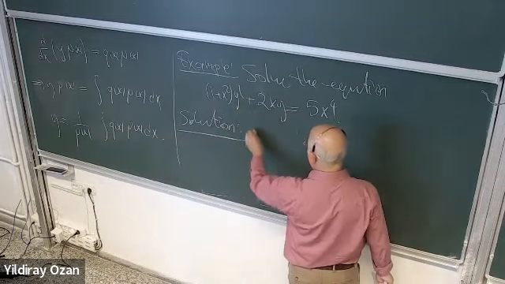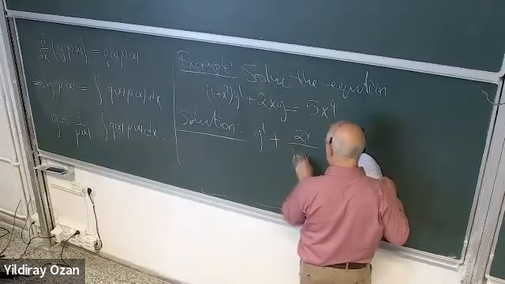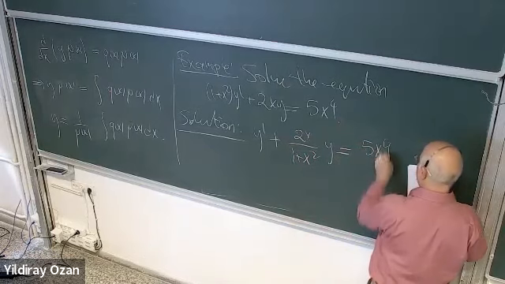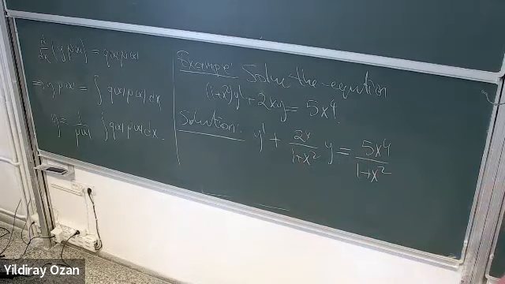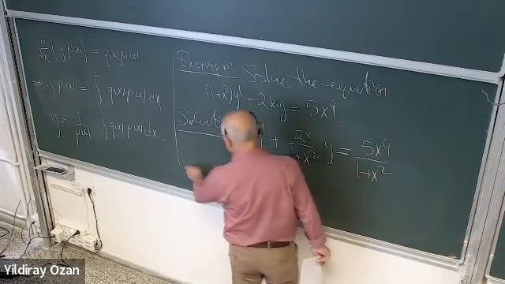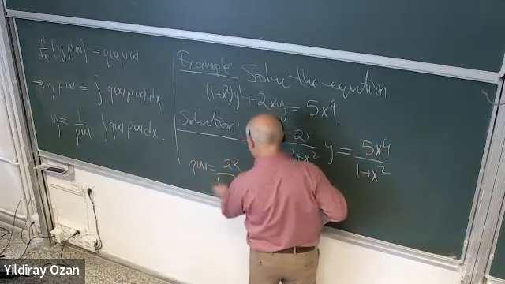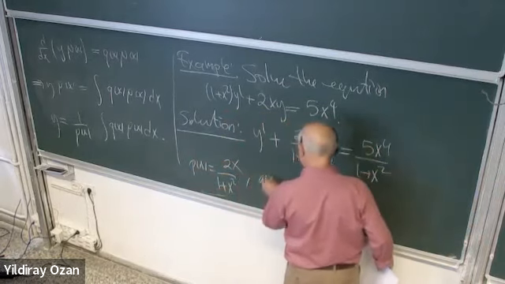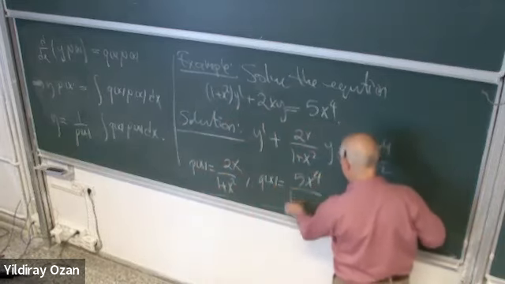Actually, I can just write it this way. So p(x) is just 2x over 1 plus x squared, and q(x) is just 5x to the power 4 over 1 plus x squared.